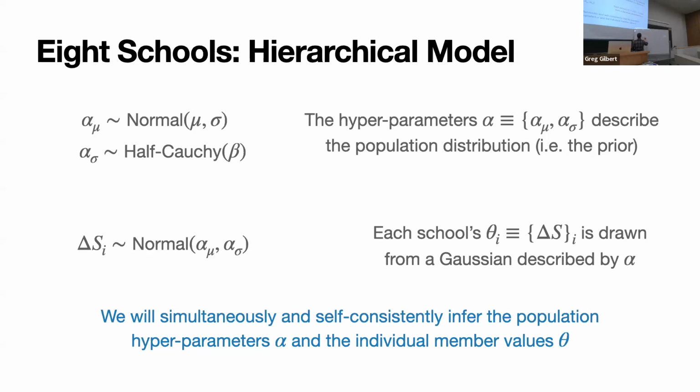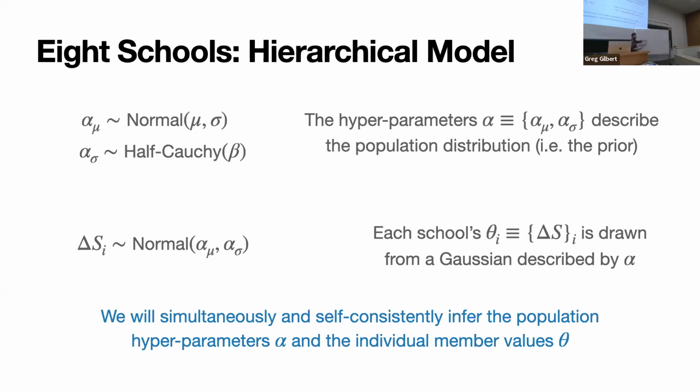That's the notation I used, right? I want to be consistent. Yes, great. Okay, so this is our population, and then we're going down to 8 schools, which are going to be drawn from that. And as we fit this model, we're simultaneously going to infer where the individual schools are and what the overall spread is and mean of the population.